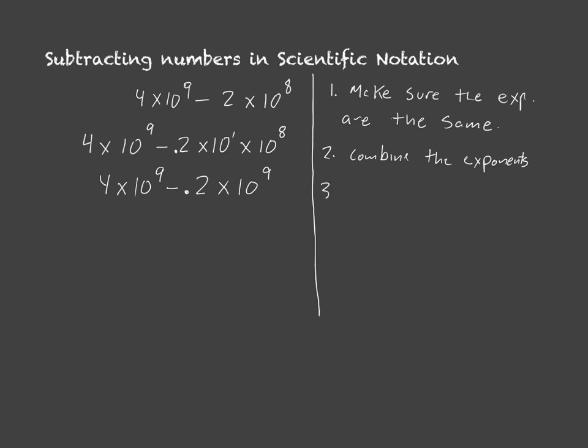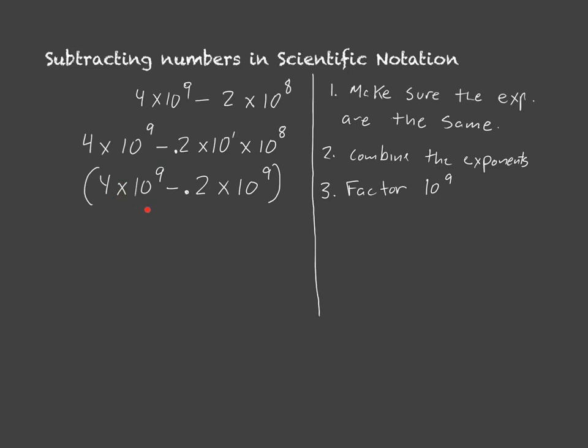After we have that, we're going to factor out 10 to the 9th. Okay, so I want to add the parentheses right here, and that means that we're going to be grabbing the 10 to the 9th from here and taking it out.